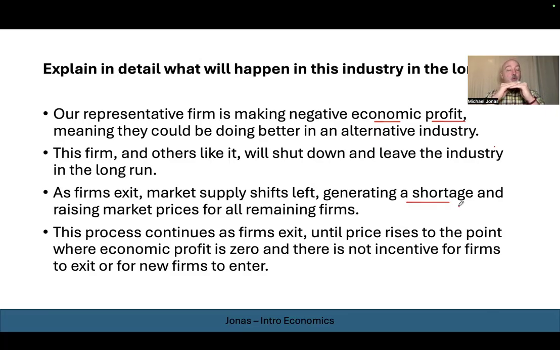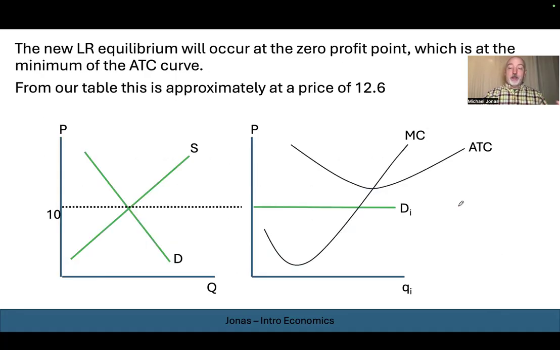And once that price reaches the average total cost and profit reaches zero, well, now that means you don't have any incentive to leave. A zero economic profit means you're doing just as well in your current activity as you could somewhere else. So that's where the market's going to stay. So you have to be able to tell that story, kind of those little steps, and show it on a diagram. That's the fun part, right?